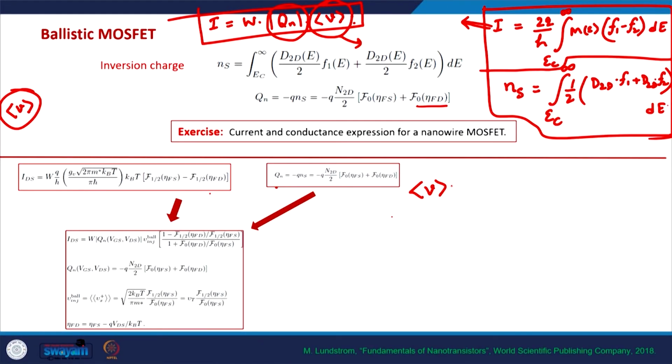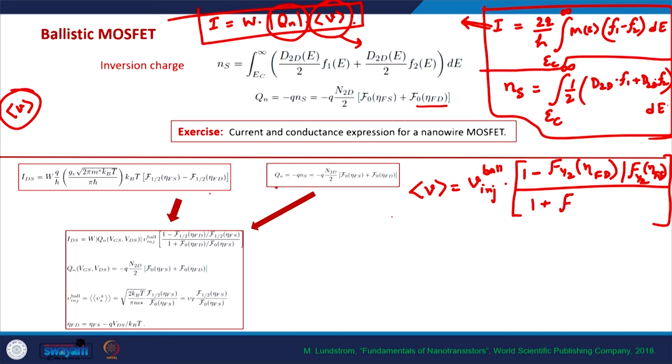Okay, so the average velocity will be the ballistic injection velocity times 1 minus Fermi-Dirac integral of order half eta Fd divided by Fermi-Dirac integral of order half eta Fs, divided by 1 plus Fermi-Dirac integral of order 0 eta Fd divided by Fermi-Dirac integral of order 0 eta Fs. So this is the average velocity of the electrons right at the top of the barrier.